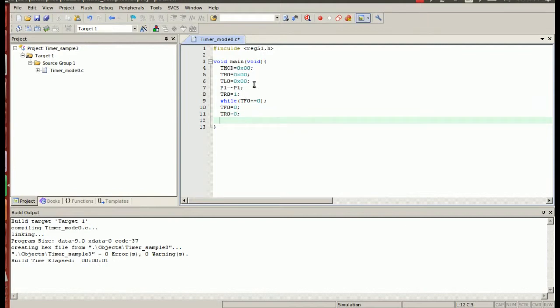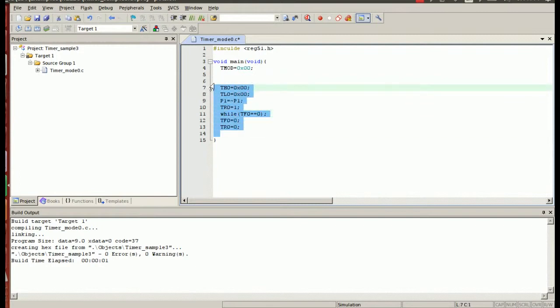Now these logics that are highlighted should be run in an infinite loop if we want to generate a square wave.